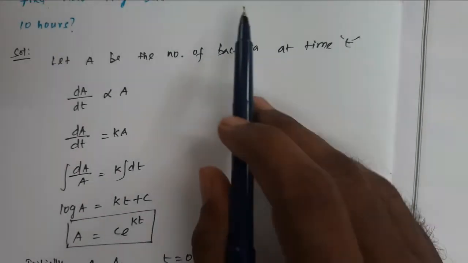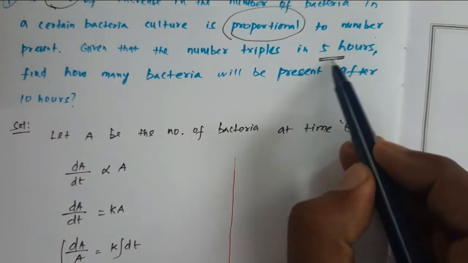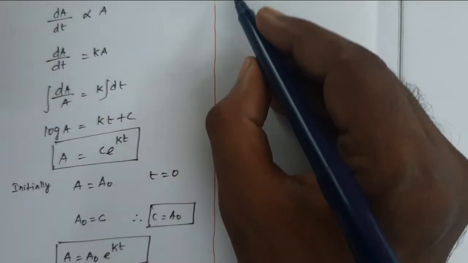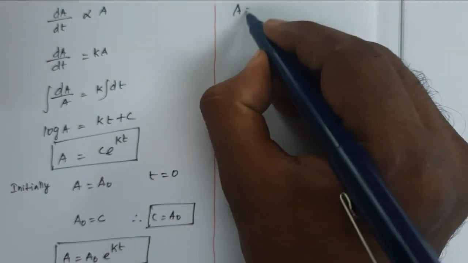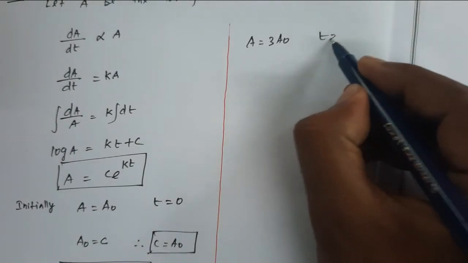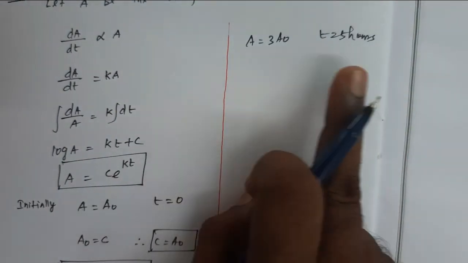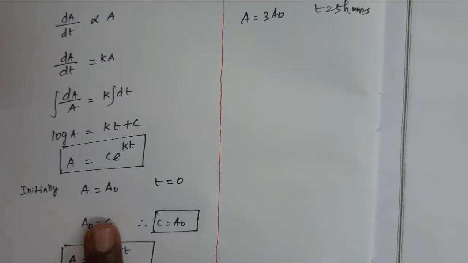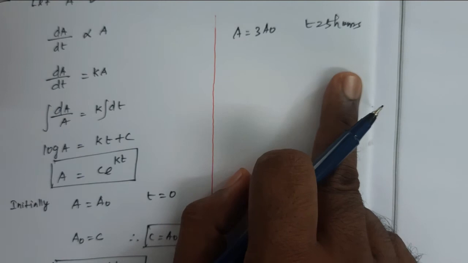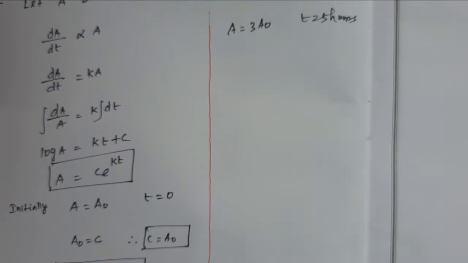Given that the number triples in 5 hours, so after 5 hours, A is equal to 3 times the initial amount, 3A naught, at t equal to 5 hours.